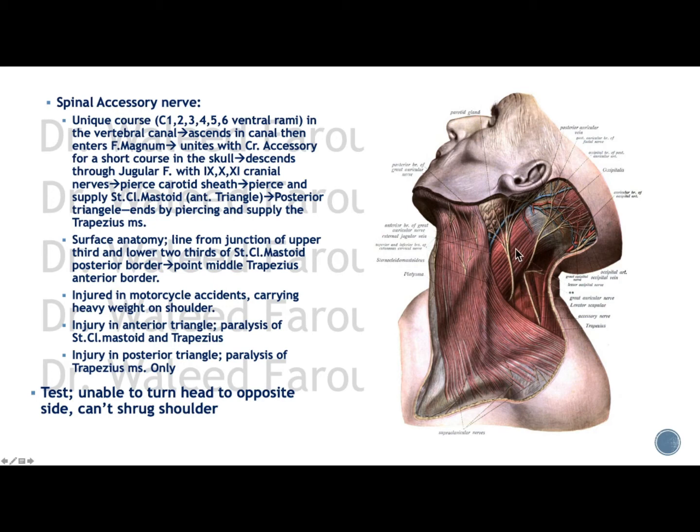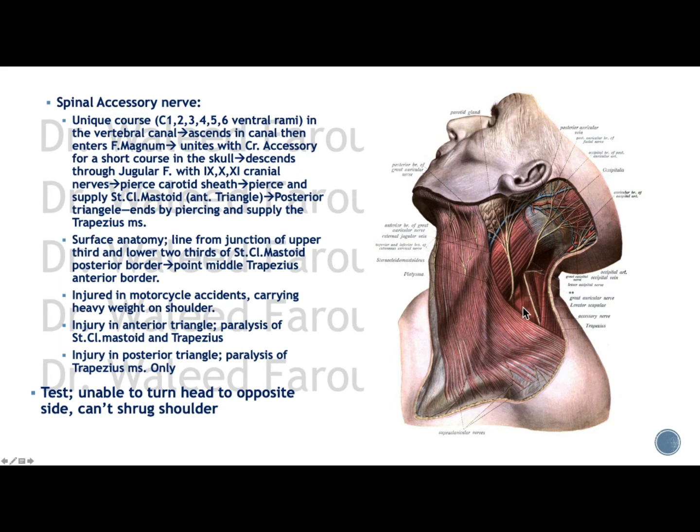The patient has no problem in turning his head, but the only muscle affected will be the trapezius. So he will get inability to shrug shoulder against resistance on the side of the lesion. See the difference between the two injury sites? Injury in the anterior triangle, injury in the posterior triangle.